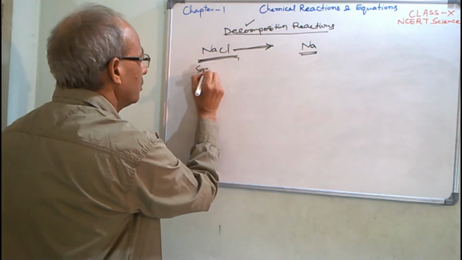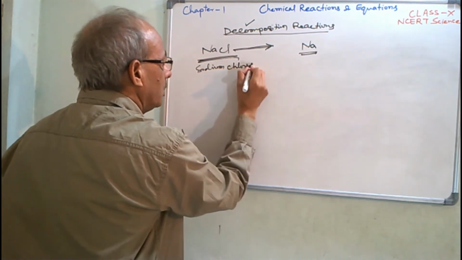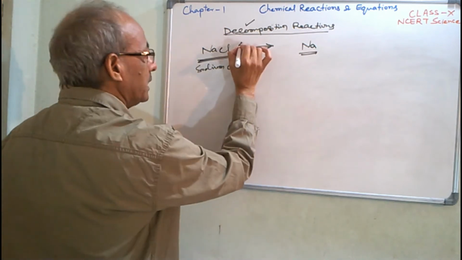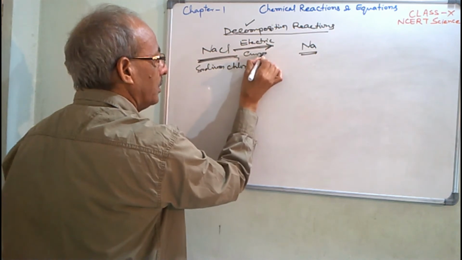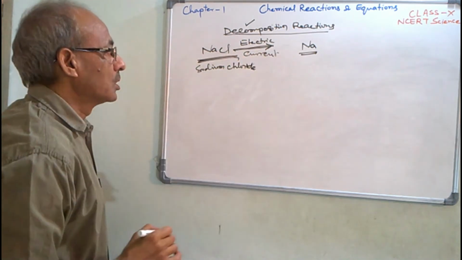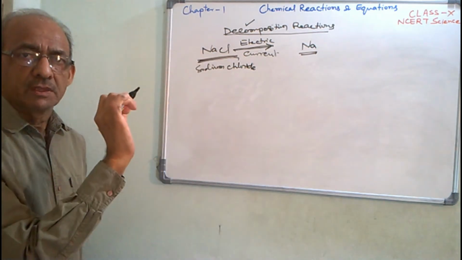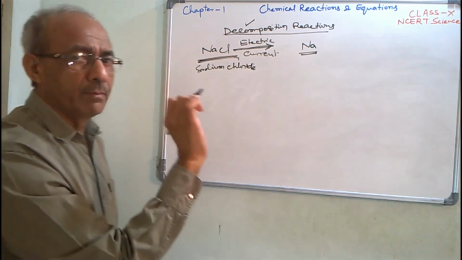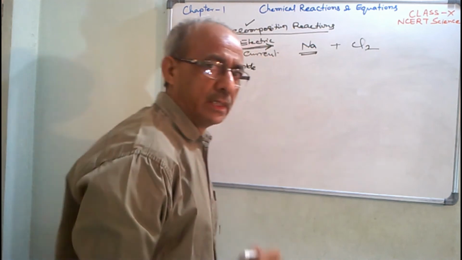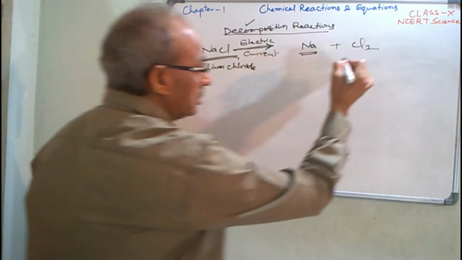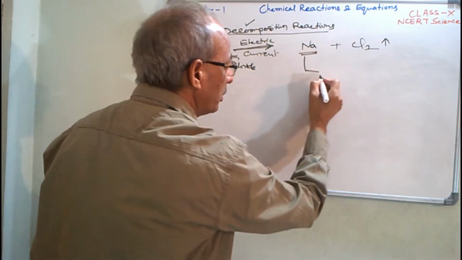This is sodium chloride. When the electric current is passed through the brine, or solution of sodium chloride, the decomposition reaction takes place. The sodium chloride breaks into sodium, and chlorine gas is released. Chlorine gas is the byproduct, but the main product is sodium metal.